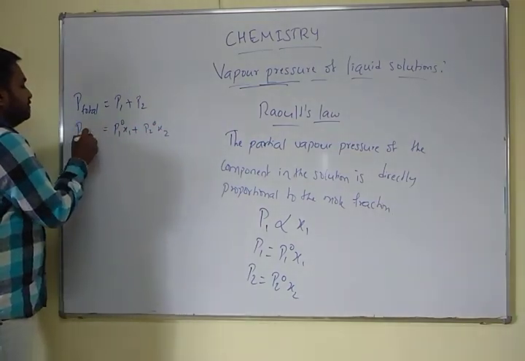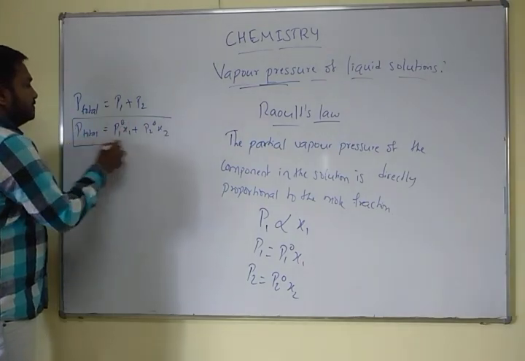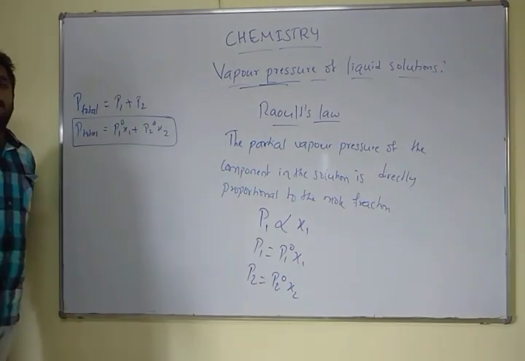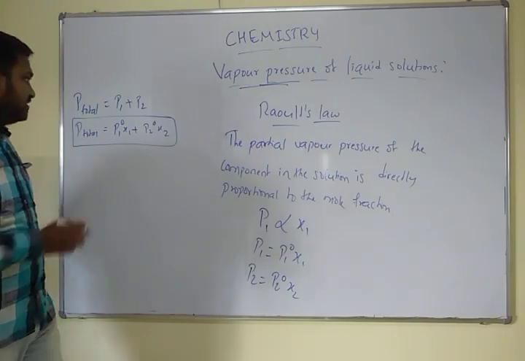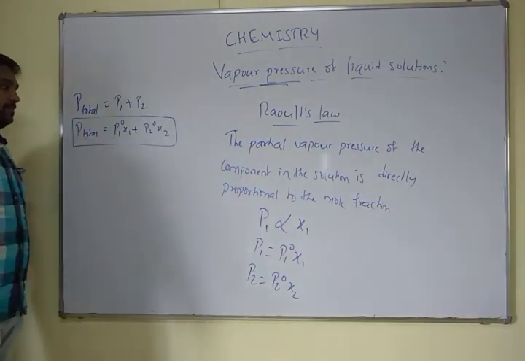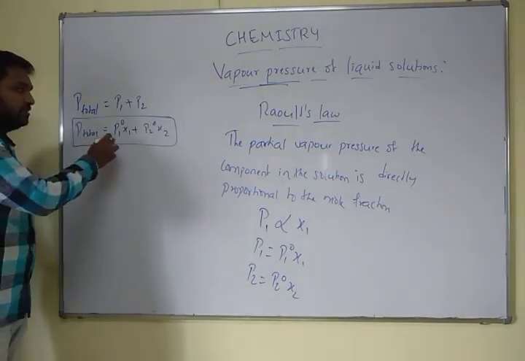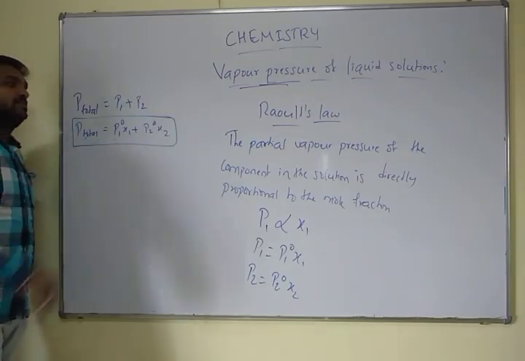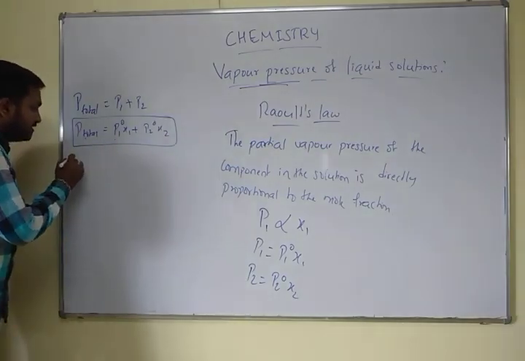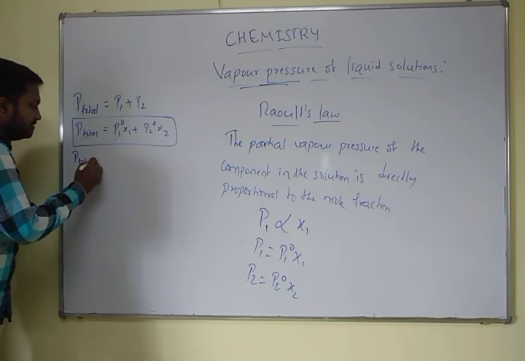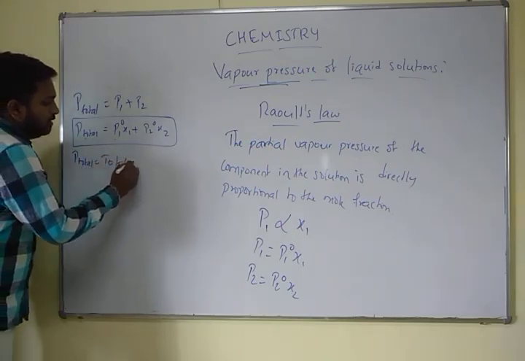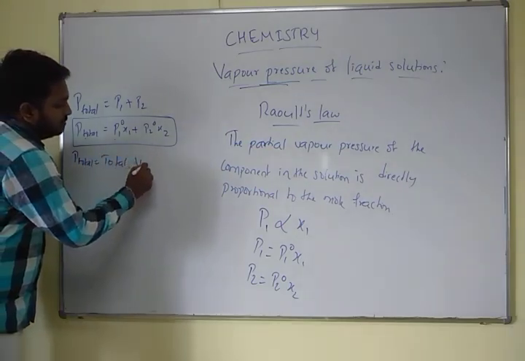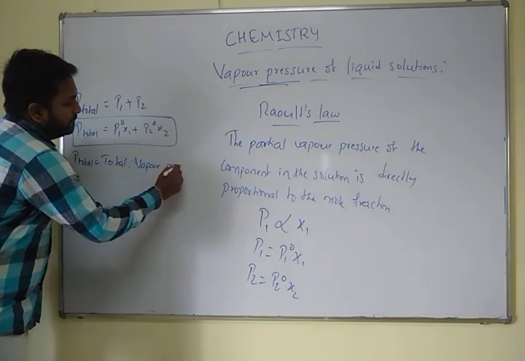So this is the mathematical expression of our slides. It means that the total vapor pressure of the solution equals P1 naught X1 plus P2 naught X2. In this case, P total is the total vapor pressure.